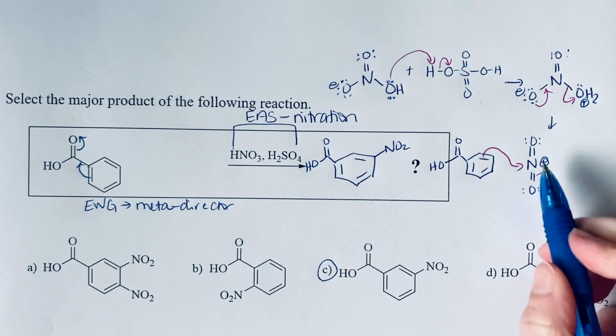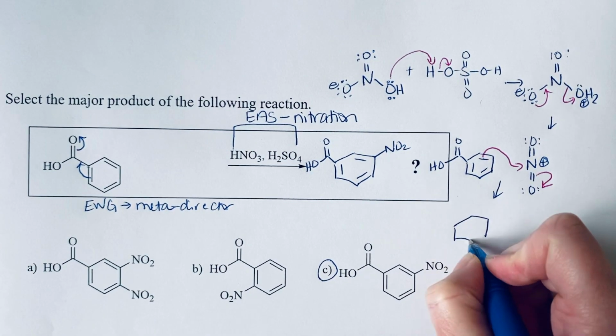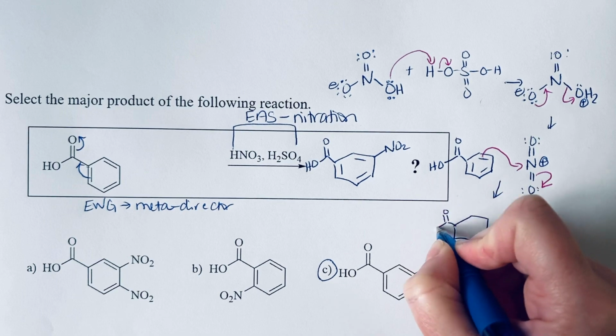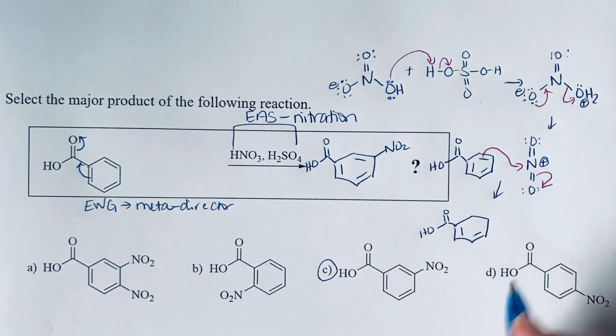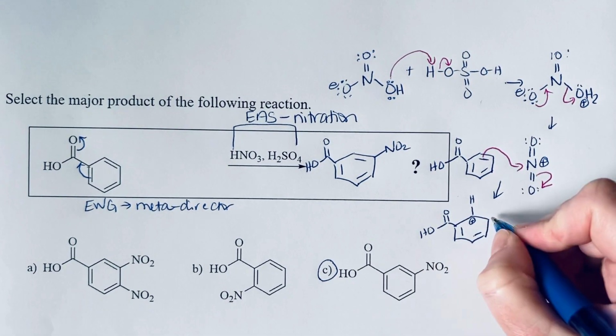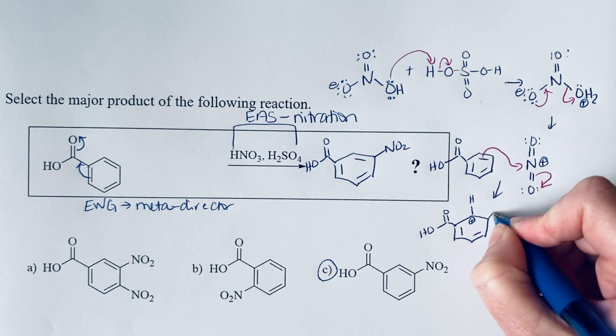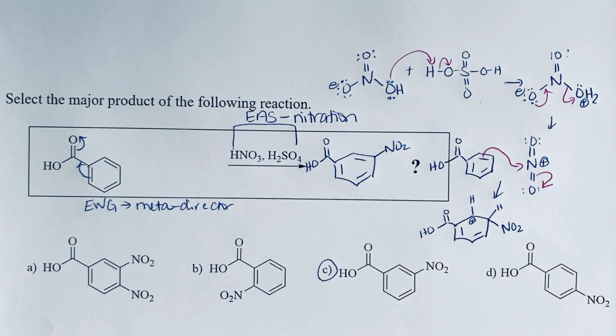The bottom one, it could just as easily have been on the top. And so we're going to get to a carbocation intermediate. So we've added our nitro group here. So we have the positive charge, and we have a hydrogen, and we have the NO2 group that we've added.